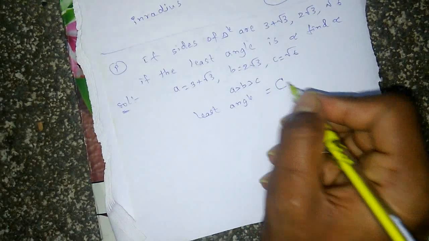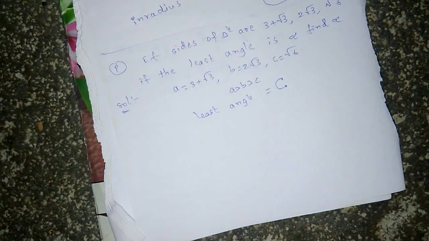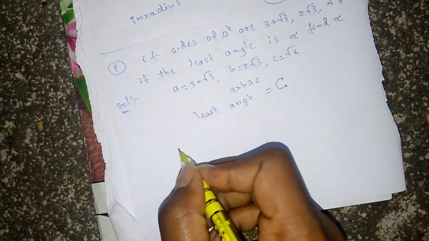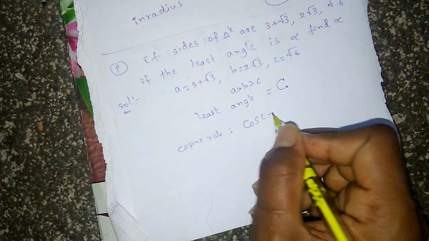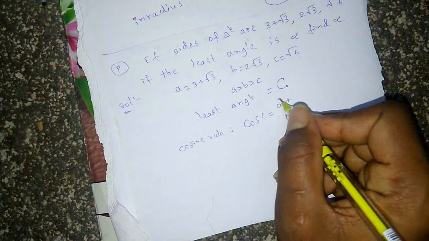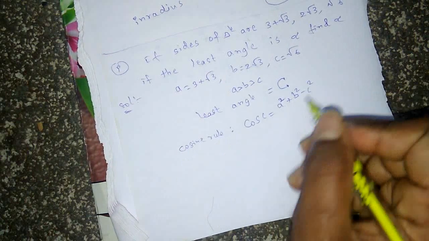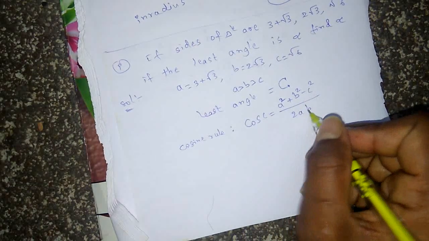capital C. Okay, so from cosine rule, cos C is equal to a square plus b square minus c square by 2ab.